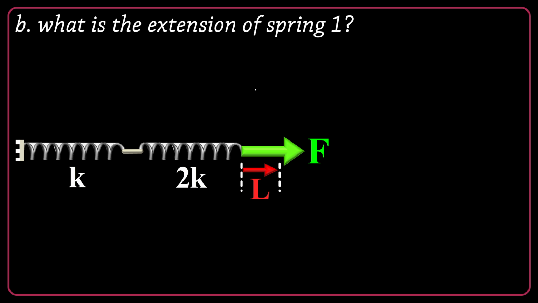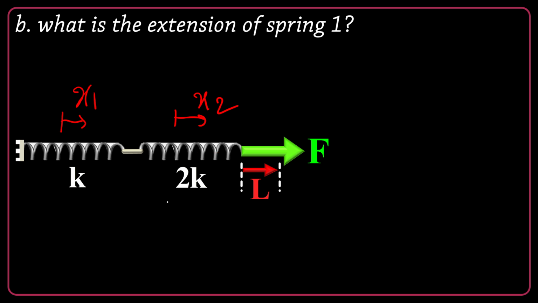I'm sure that you agree. So let's say the extension of this spring is x1 and extension of this spring is x2. Okay, this is larger spring constant. It's stiffer. So I believe that it will have less extension.